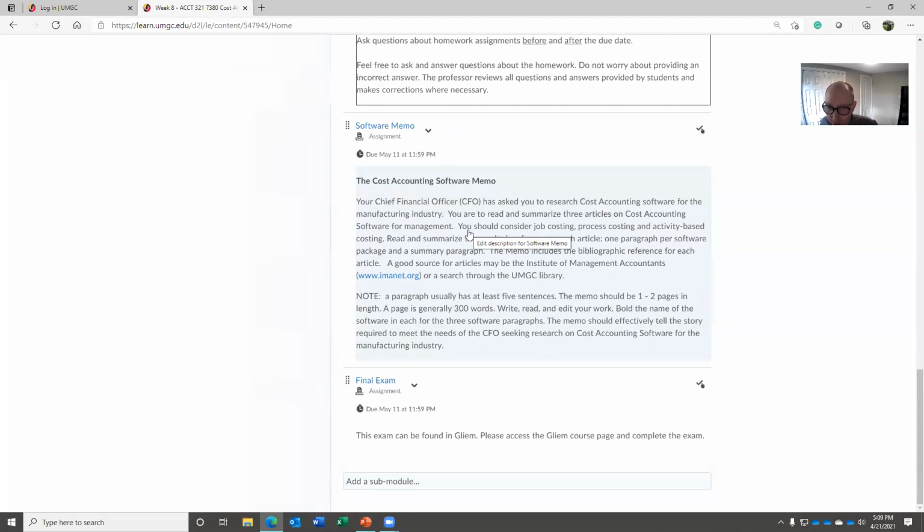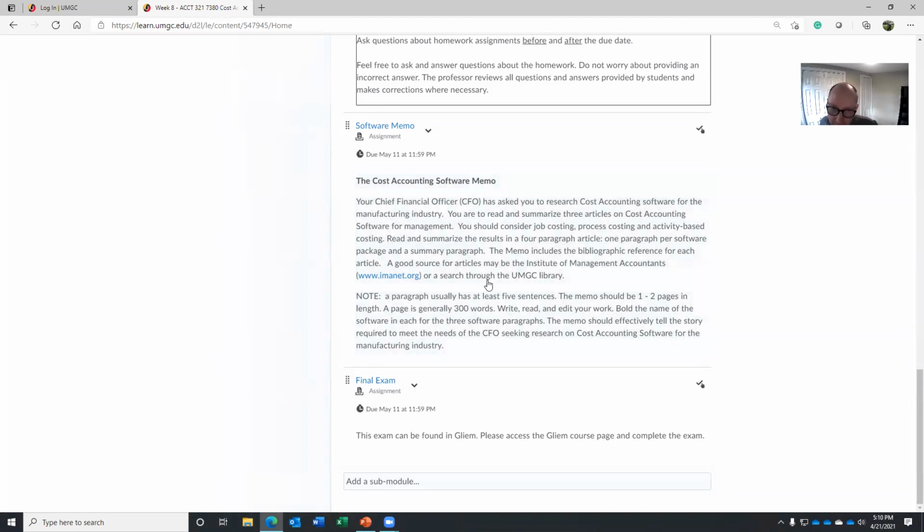There are software packages out there that specialize in cost accounting. An example is Fishbowl. Fishbowl is a software add-on for QuickBooks that helps accountants identify cost of goods manufactured.